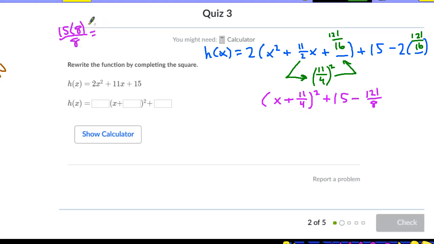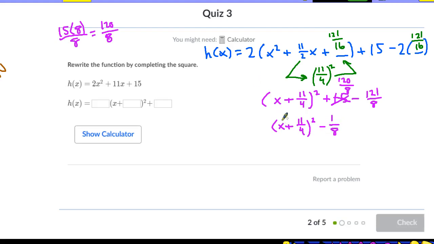That gets me 80, and 40 is 120 over 8. So this is essentially 120 over 8. I'm going to just cross that off and write 120 over 8, and when I subtract 121 over 8, I get this, x plus 11 over 4 squared, and we do minus 1 over 8.